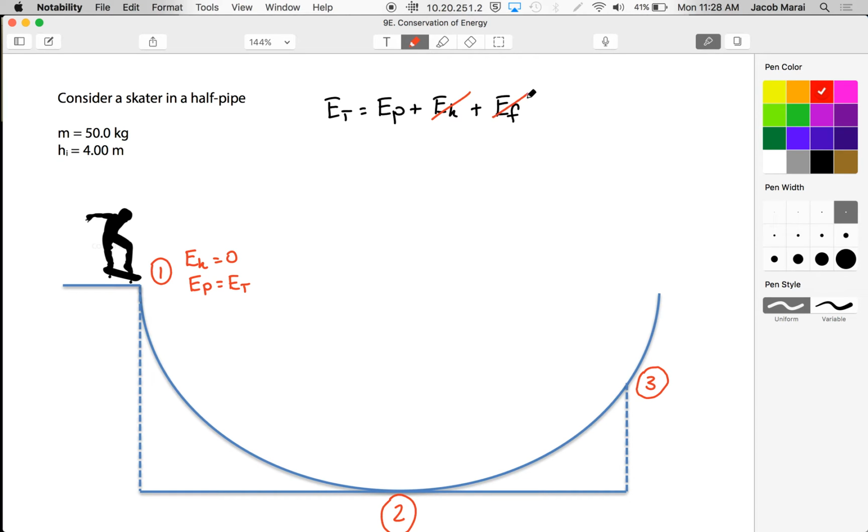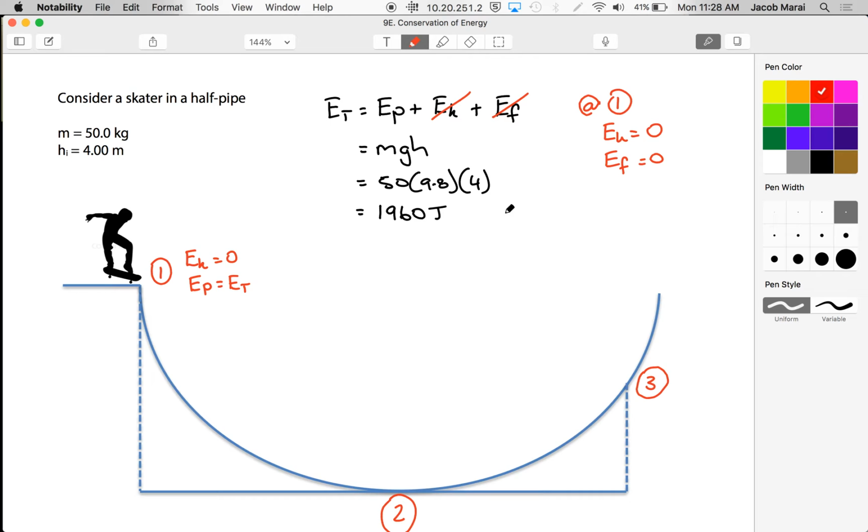We're going to cancel out, and I'll say at point 1, we can say at the start his total energy is in the form of mgh, 50 by 9.8 by 4. He's got 1,960 joules of potential to do work. Okay? Because it's stored energy.